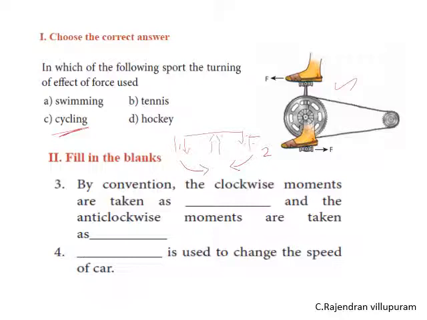The rule is, if it provides the clockwise moment, it is taken as negative, and F1 produces anti-clockwise moment, which is taken as positive. So by convention, the clockwise moment is taken as negative, and the anti-clockwise moment is positive. Be careful, this question can also be asked as a statement. And dash is used to change the speed of the car. This is also seen in the application, that is the gear.